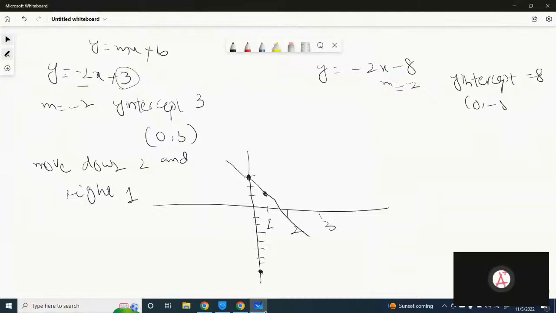Okay, then for the other point, that means you have to move down 2 and right 1. Got it?